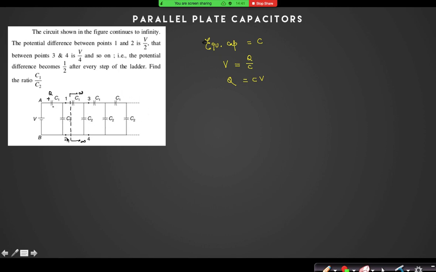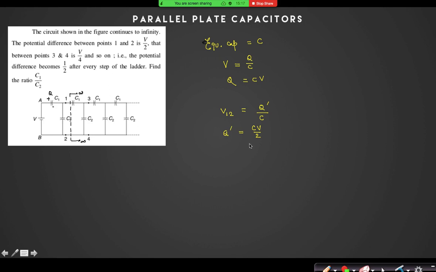Equivalent network, just right of this line, is also C. So in that case, can I say that the potential difference across 1 and 2, right, can be written as the charge Q prime divided by also C. So Q prime is equal to C into V by 2, right?